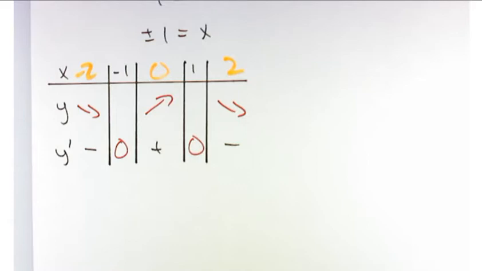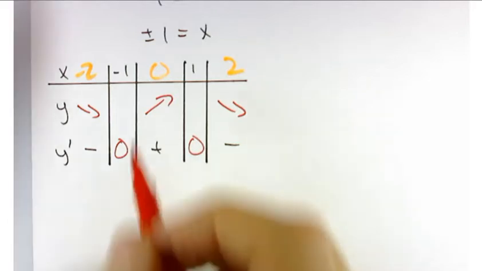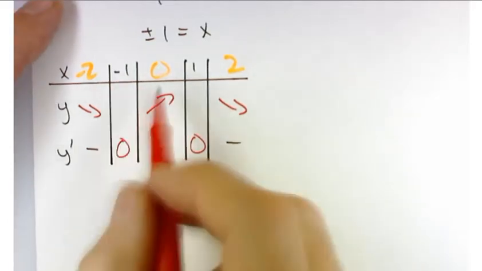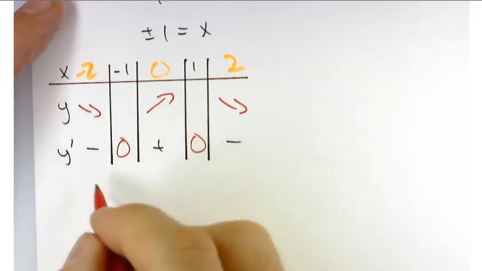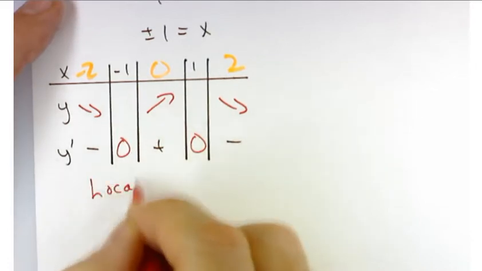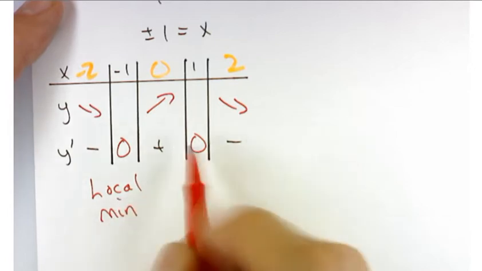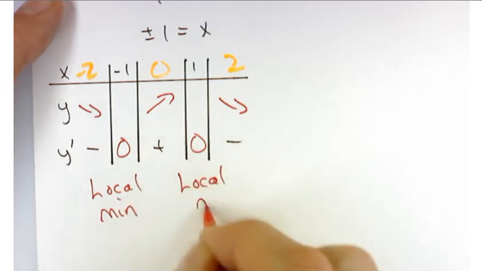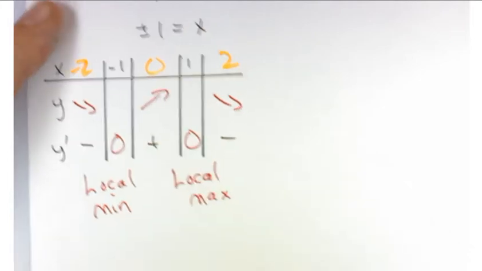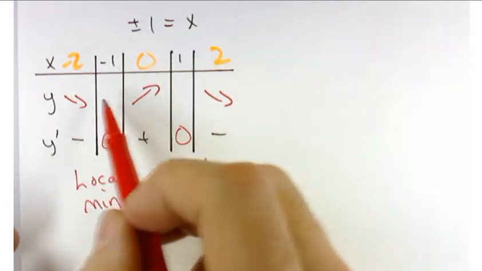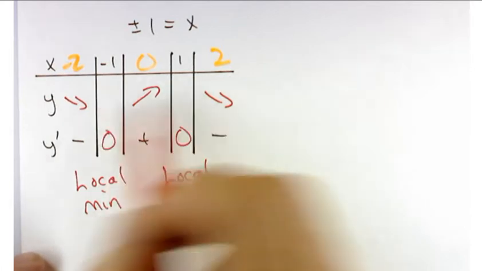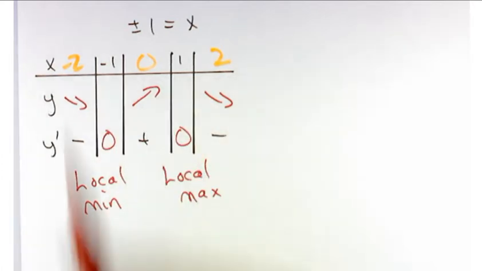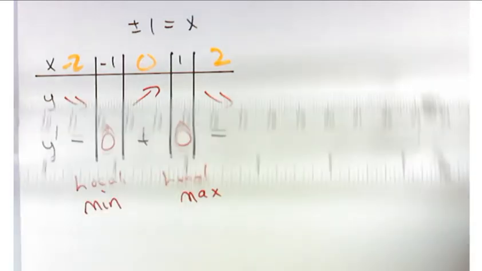Yeah, a local min. The graph doesn't get any farther below any point nearby. So this is a local min. And over here at 1, a local max. We're going to come back in a little bit and fill in these two values right here. Doesn't matter. Let's keep going.